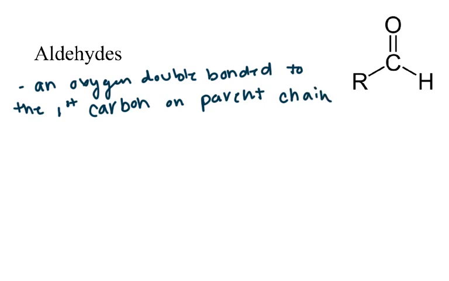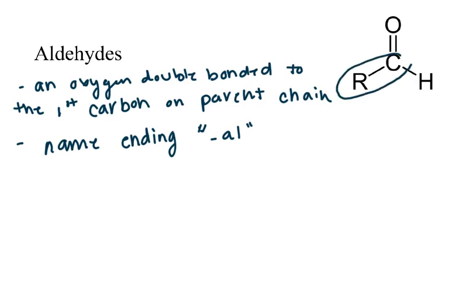Okay, and our name ending, alcohol was all OL, and our ending for aldehydes is AL. Okay, so again, this right here, the R C, this is our parent chain, and then this is your first carbon in the chain.